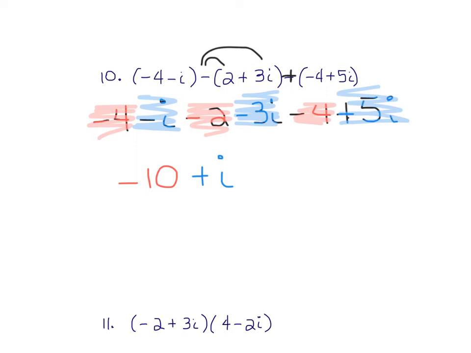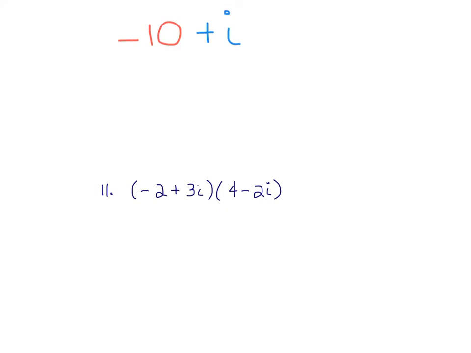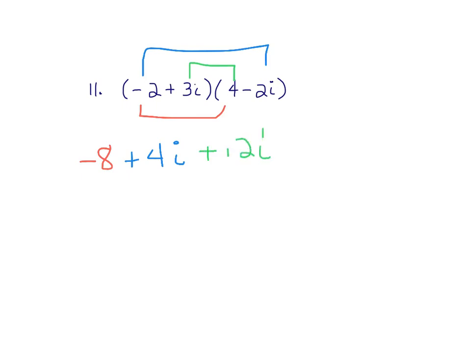Number 11, notice there's no sign, so I need to FOIL. First gives me -8. Outside gives me positive 4i. Inside gives me 12i. And last gives me -6i squared.